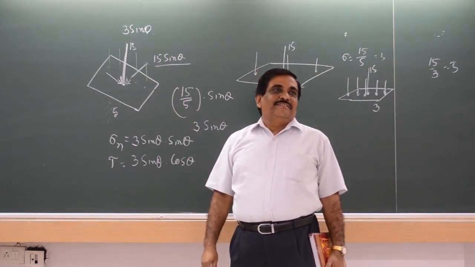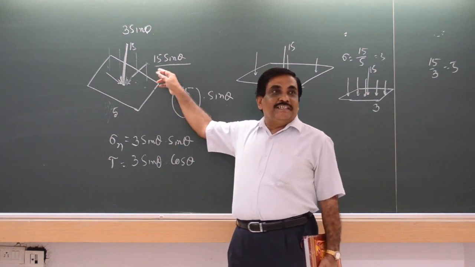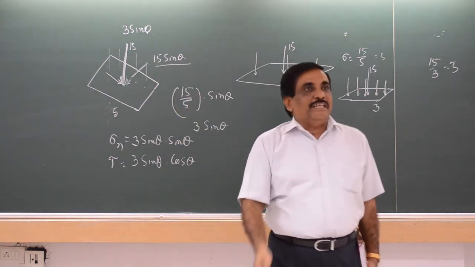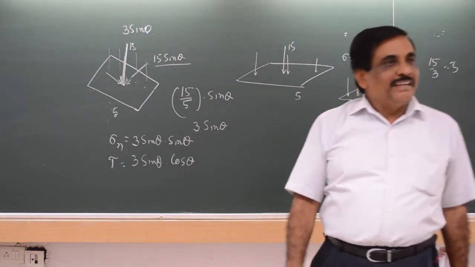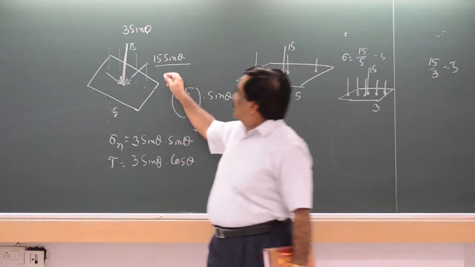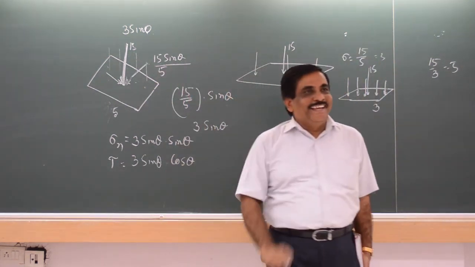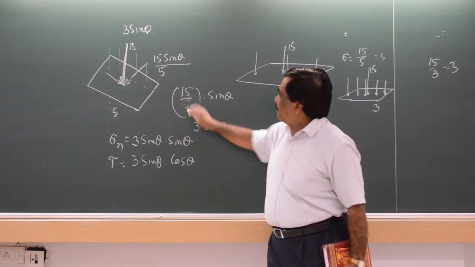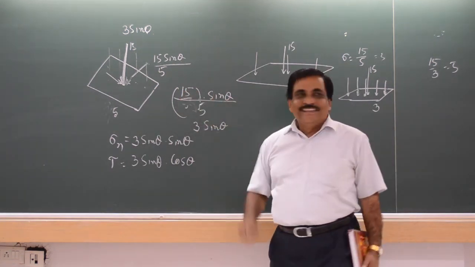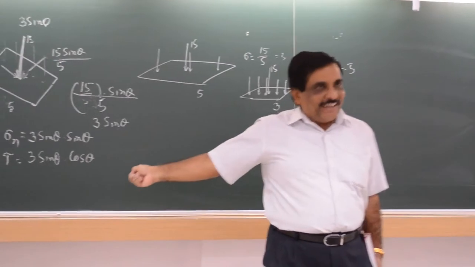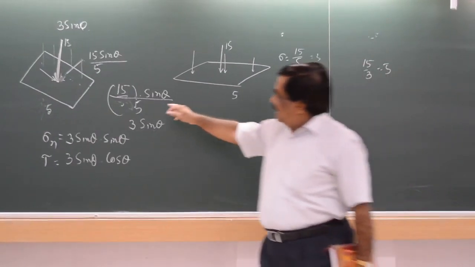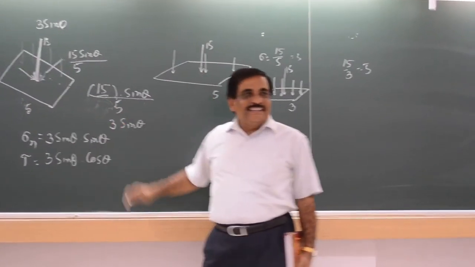When 15 sin theta is the force, it's also a force. So then 15 sin theta, the whole divided by 5, should be the stress. 15 sin theta over 5, that is what I'm doing. But I think the direction should be... No, wait. 15 sin theta, okay, it is the same thing.